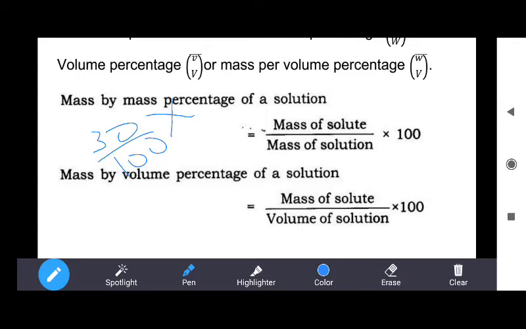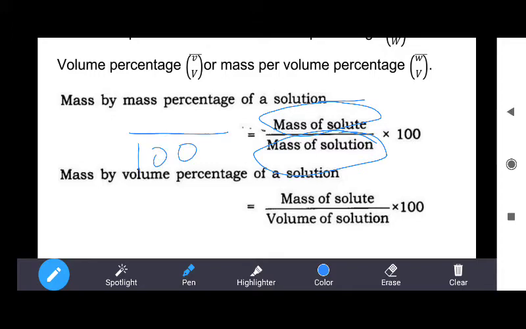And for the percentage, you have to multiply this amount by 100. 20 cancels with 20, 30% is left. So you had 30 marks out of 100. Similarly, if we are calculating the percentage of solute, then it is mass of solute upon total mass of solution. Suppose the solution is 100 gram and the mass of solute is 25 gram, into 100, then 25% will be the mass percentage of the solution.